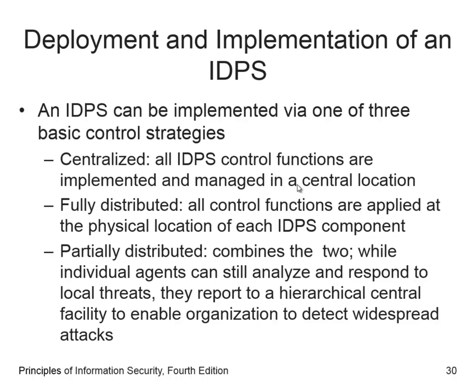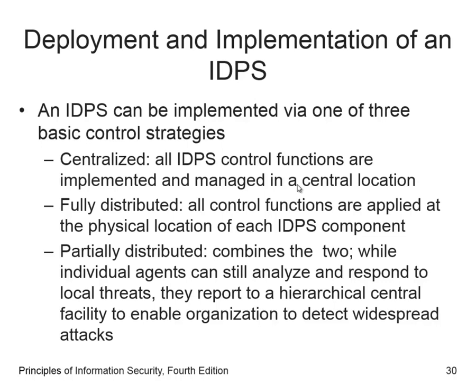The fully distributed IDS control strategy, where the control functions are applied at the physical location of each IDS component. And the partially distributed IDS control strategy, which combines the two. While the individual agents can still analyze and respond to local threats, they report to a hierarchical central facility to enable the organization to detect widespread attacks.